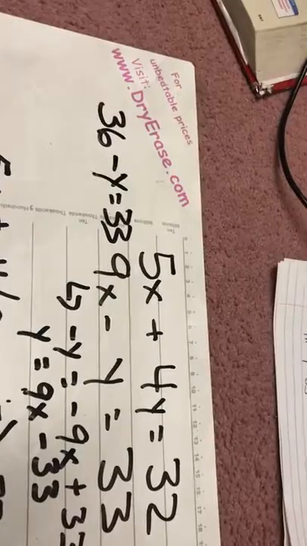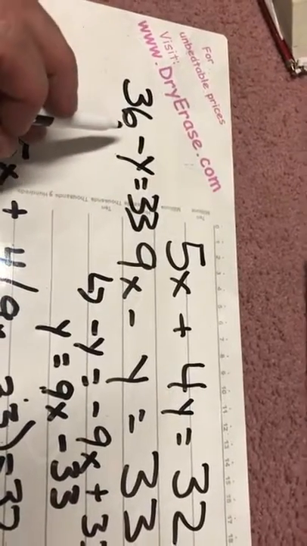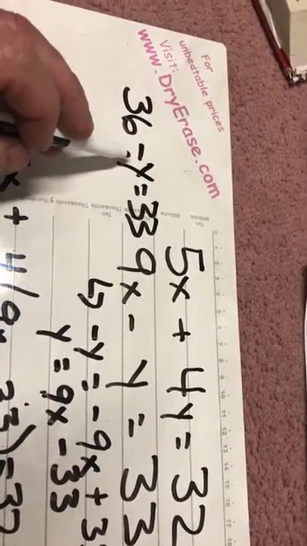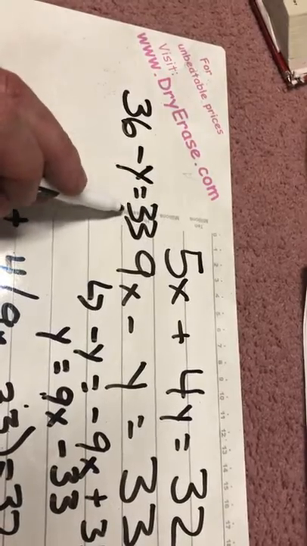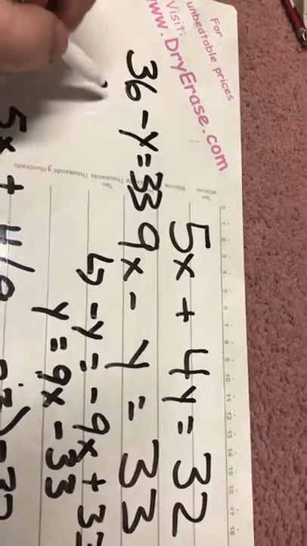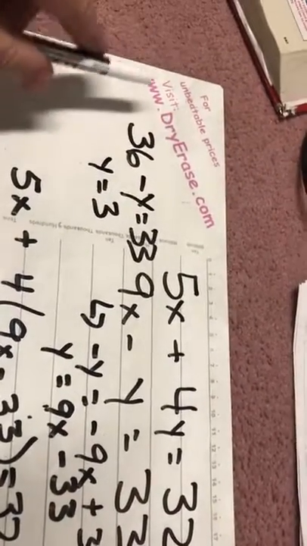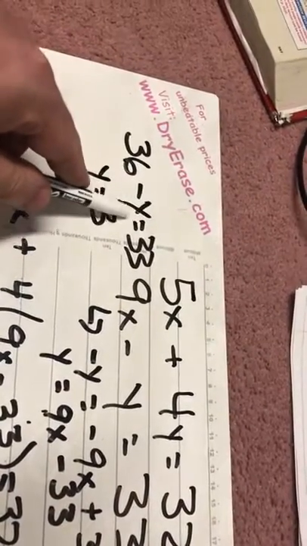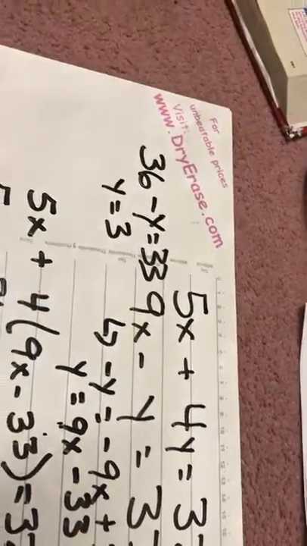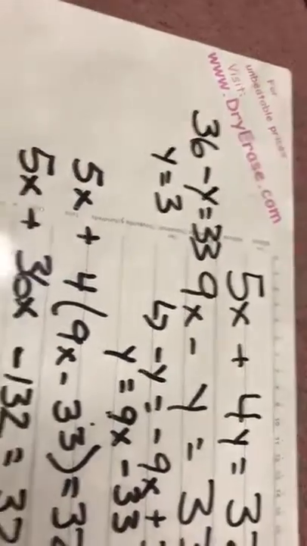Well, 36 minus what would equal 33? It would make sense to say that y would equal 3, because sure enough, 36 minus 3 equals 33. My intersecting point is 4, 3.